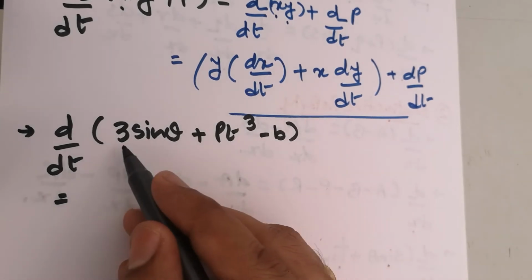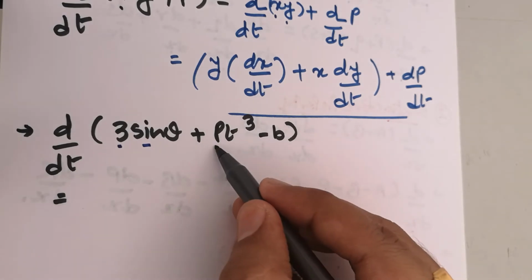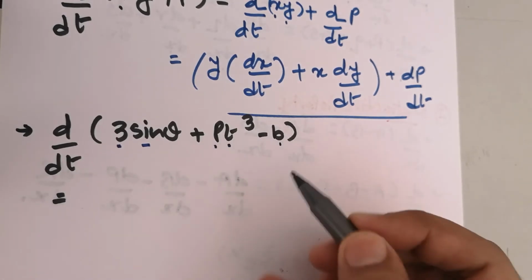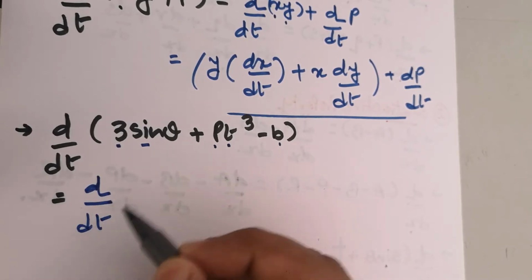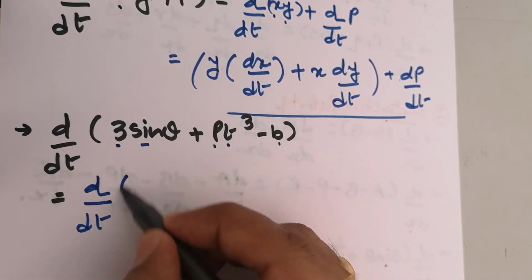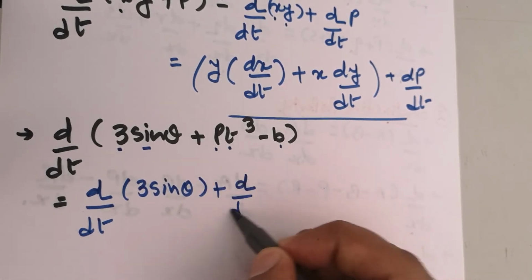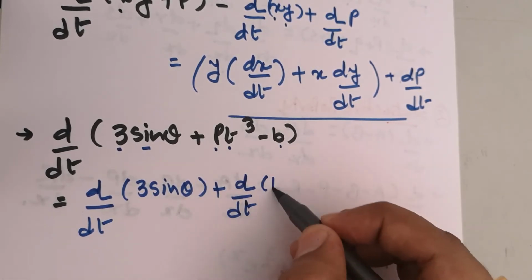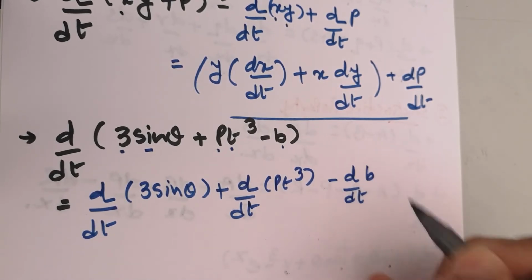Then 3 is some number, sine is a trigonometric function, and b is a single constant. So first of all, I am giving the additive and subtractive property. So d by dt of 3 sine theta plus d by dt of pt cube minus d by dt of b.